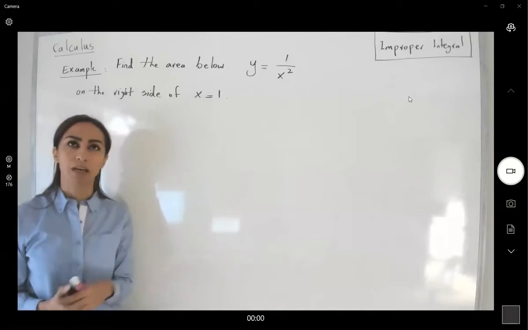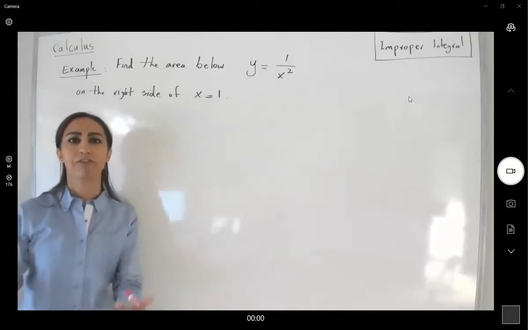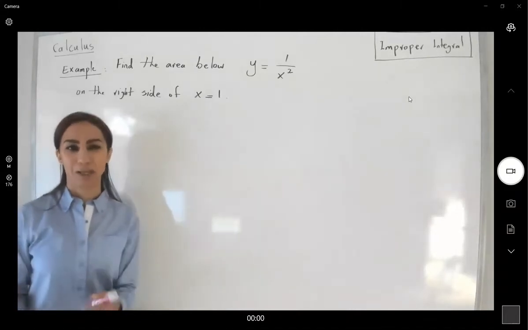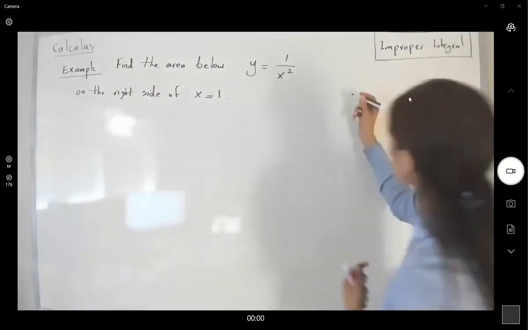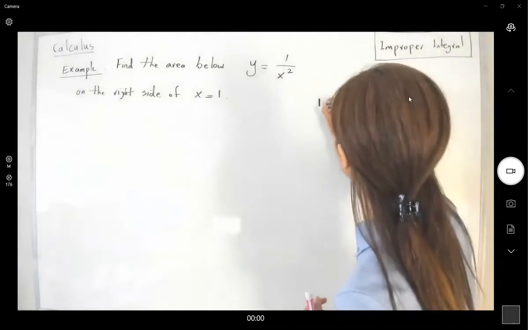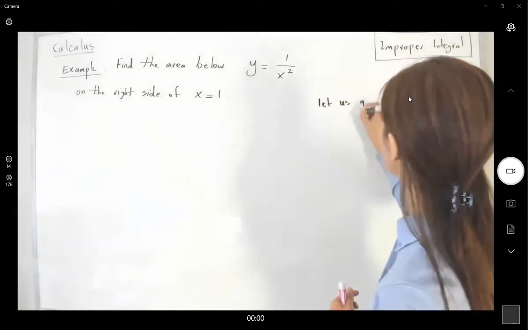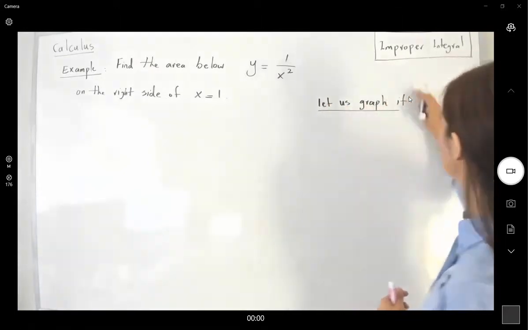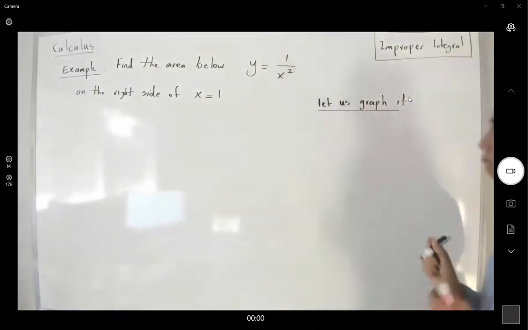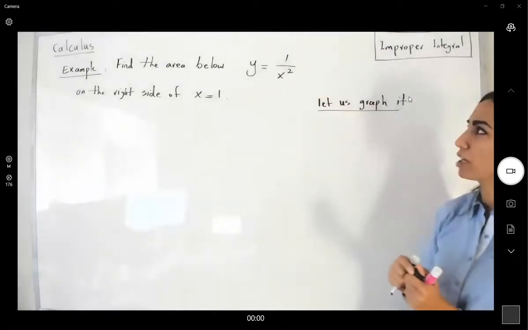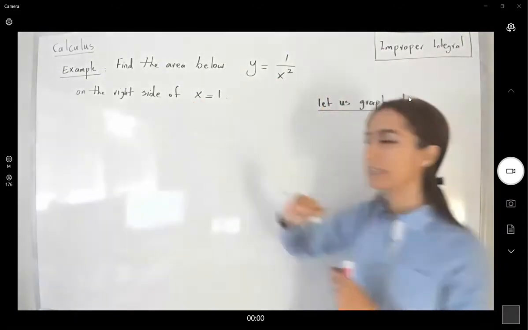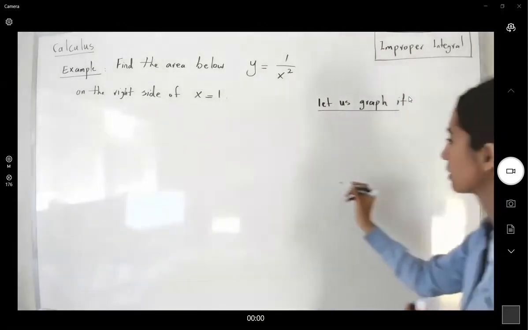Very well. When it comes to integrals, our very first step is to visualize what we are dealing with. So let us graph it first. Okay. This is our function, 1 over x squared, and we are just dealing with the right-hand side of the graph. So take a look at this.